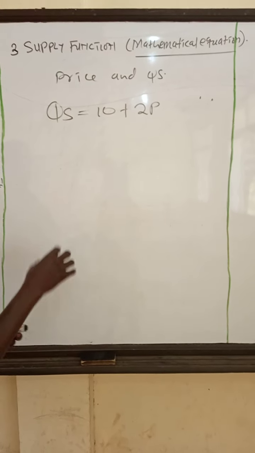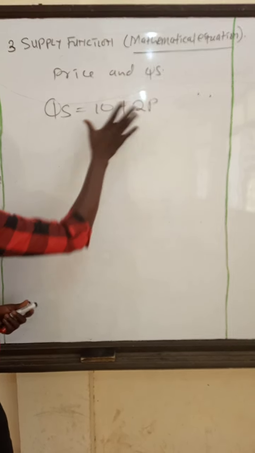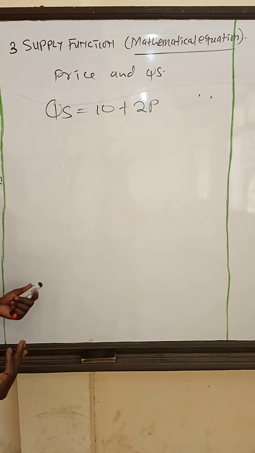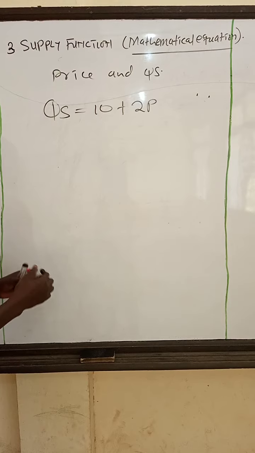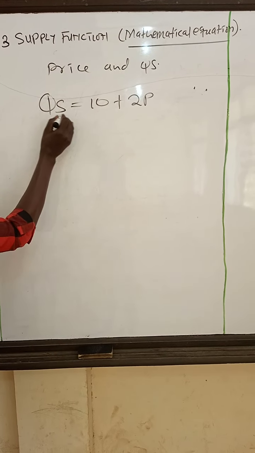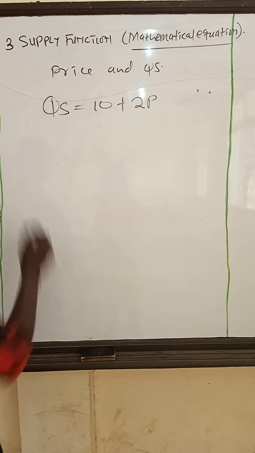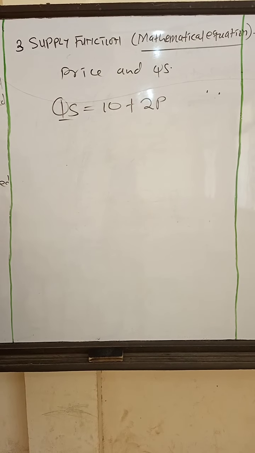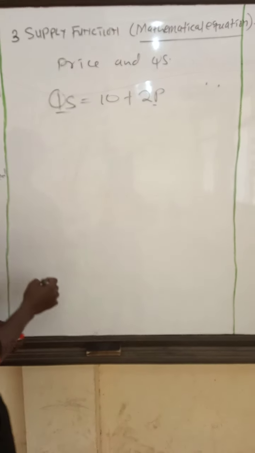Now, most often, candidates are given a supply function and they are asked to do some simple calculations. So I'm going to give you a typical example. Supposing QS equals 10 plus 2P, where QS is quantity supply and P is the price of the commodity.